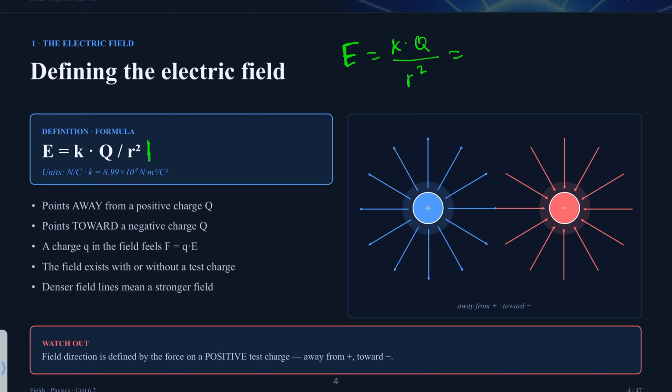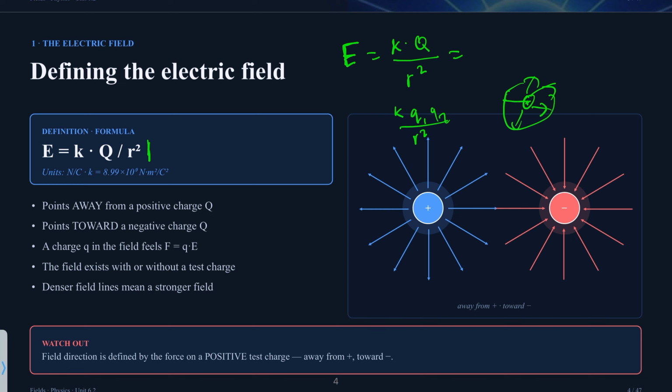And K here, we already know what K is, but doesn't this look very similar to Coulomb's law, right? Which was K Q1 Q2 over R squared. So that makes sense because basically it's saying that if you have a charge, the charge will have a field.